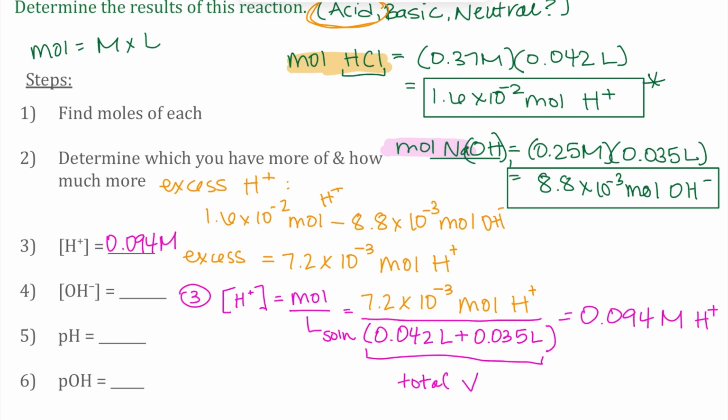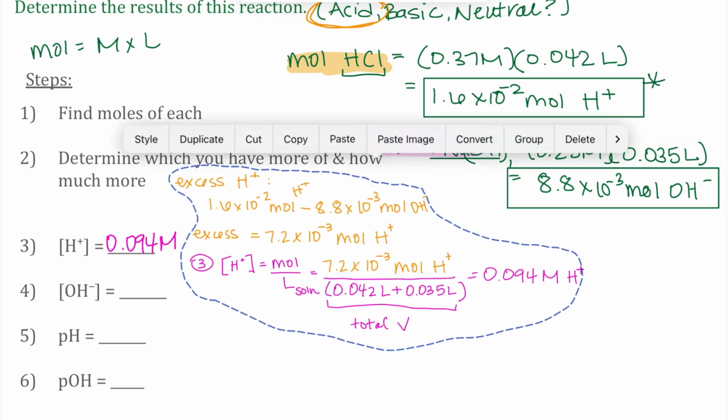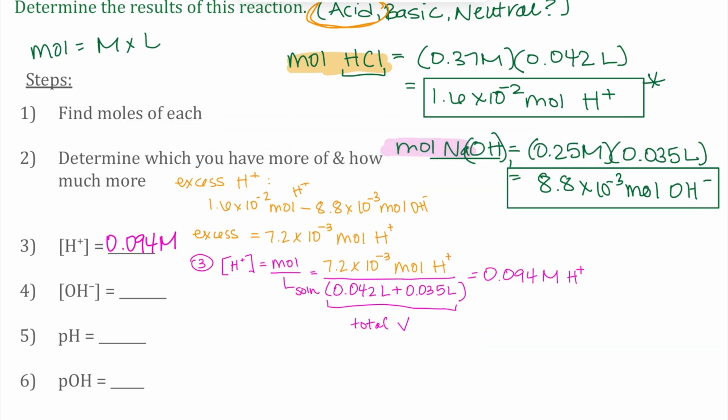And now from there, once we have that H plus, we are able to do those steps that we have normally done with our other formulas. So looking at our formula sheet now, we have those H plus ions. Well, I can find my pH based on that concentration. And so even though step 4 has that OH, I'm going to actually find my pH next, because pH, as I look at my formula sheet, is negative log of my H plus, so negative log of 0.094.